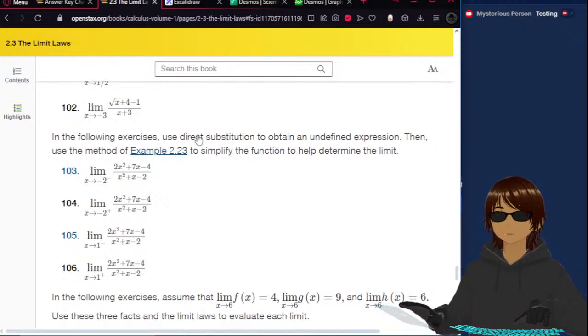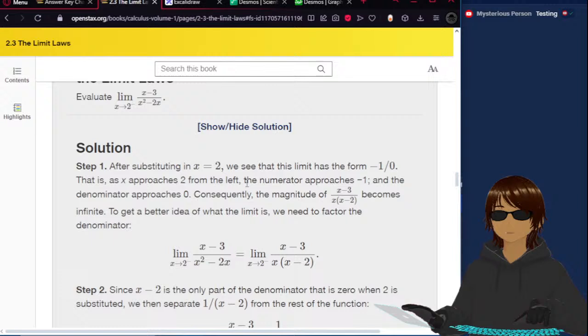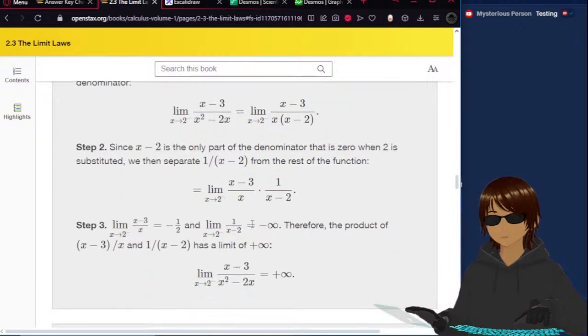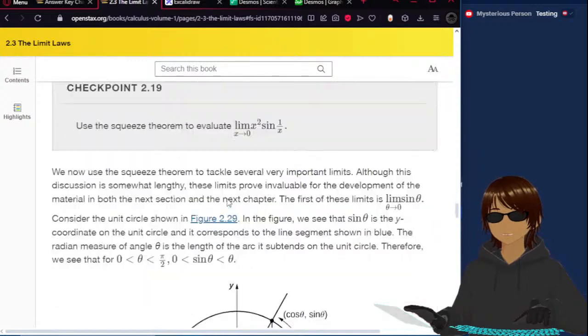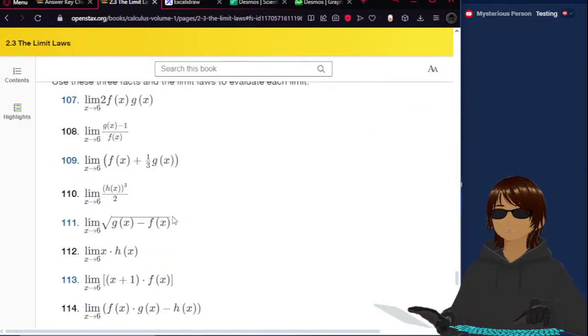Use the method here. Okay, so initially it's undefined. Then I have to use those special methods.